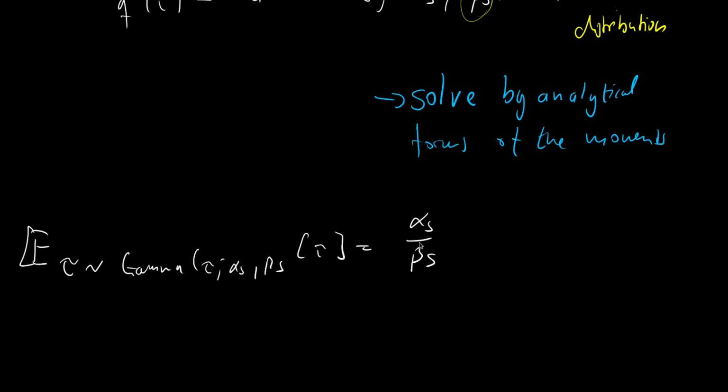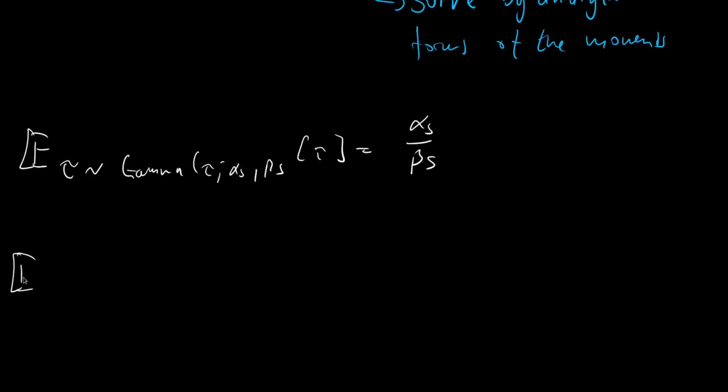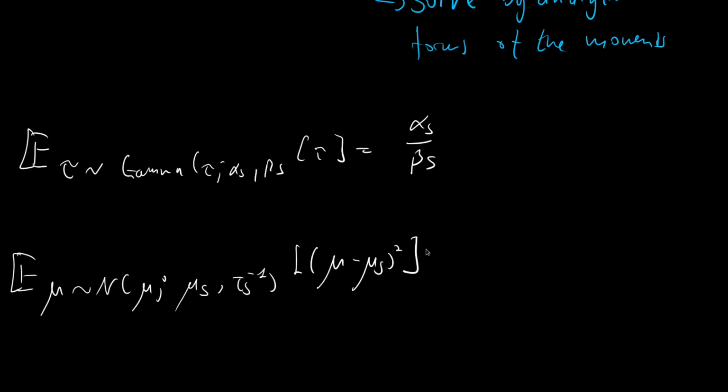But the big point is it is a closed form solution. And similarly, for the expectation over mu distributed according to the normal that we just found with mu s and tau s inverse, of (mu minus mu s) squared, we see this is nothing else than the second order central moment.